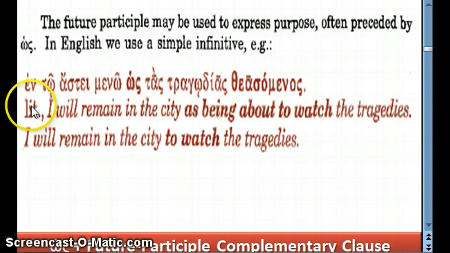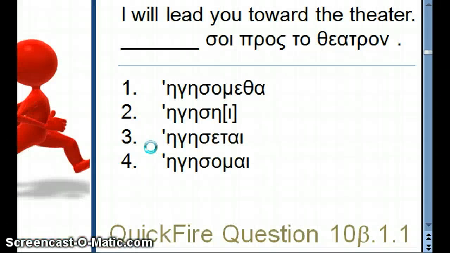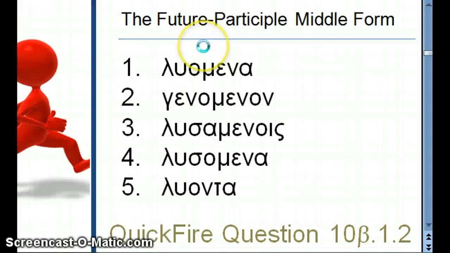For example, I will remain. Notice this is the asigmatic future. We'll cover that in a second. So as to be in the state of being about to watch the tragedies, or I will remain in the city to watch the tragedies. It is a translation issue. So I will lead you toward the theater.